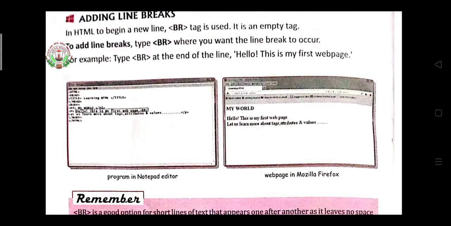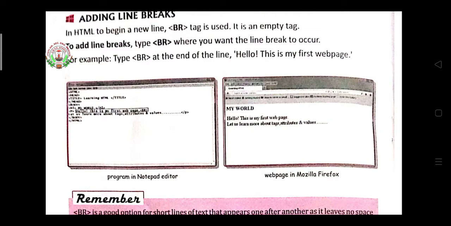While writing HTML code in Notepad, you have to give all instructions in the code only. If you want some space, you have to write code for the space. If you want underline, you also have to write the code.